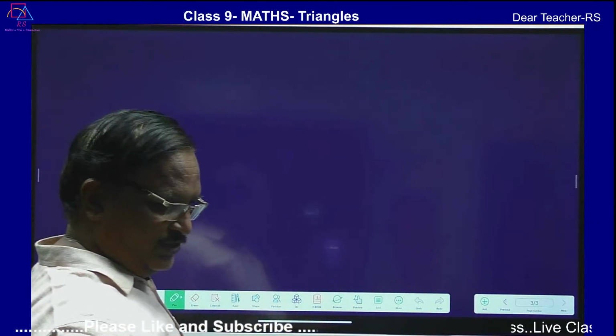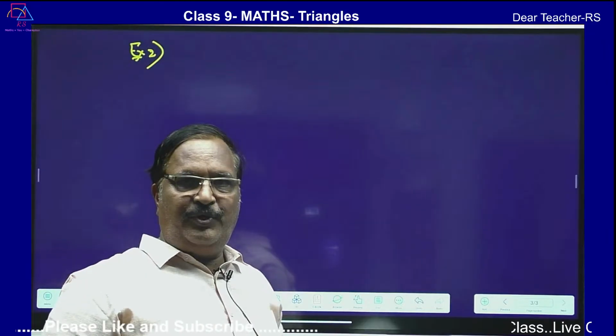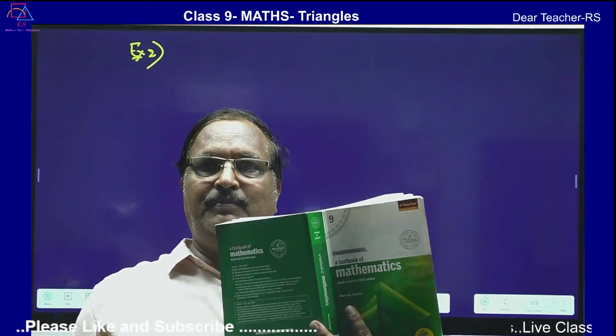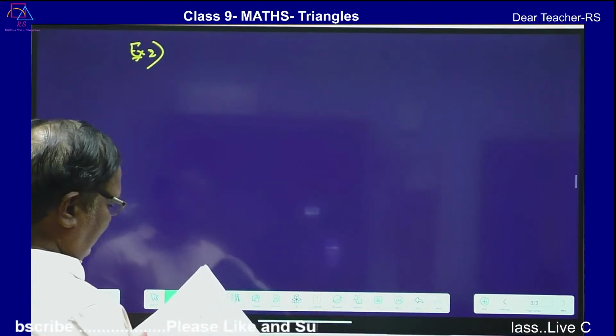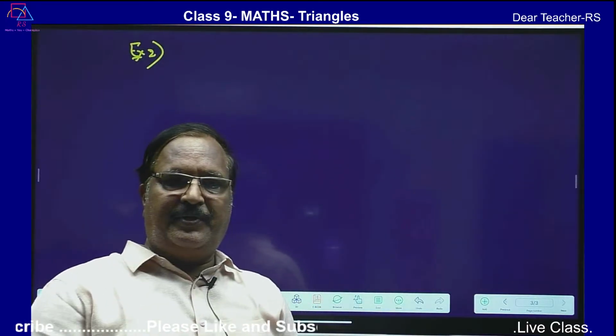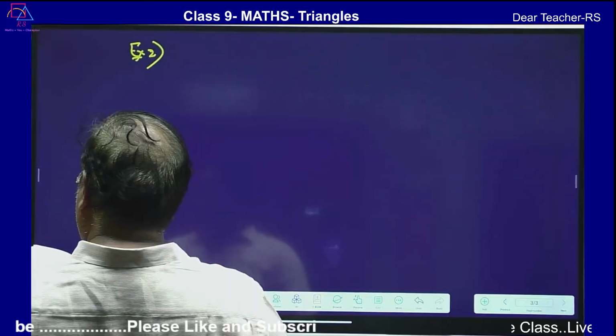This is also an isosceles triangle question. Example 2. I am not doing textbook questions. I am doing R.D. Sharma book type; I have a book and I am explaining from it. These isosceles triangle problems are very, very important. So now I'll be writing.